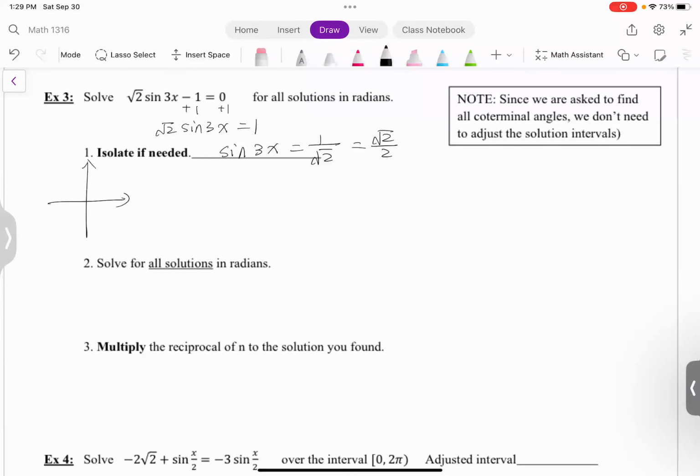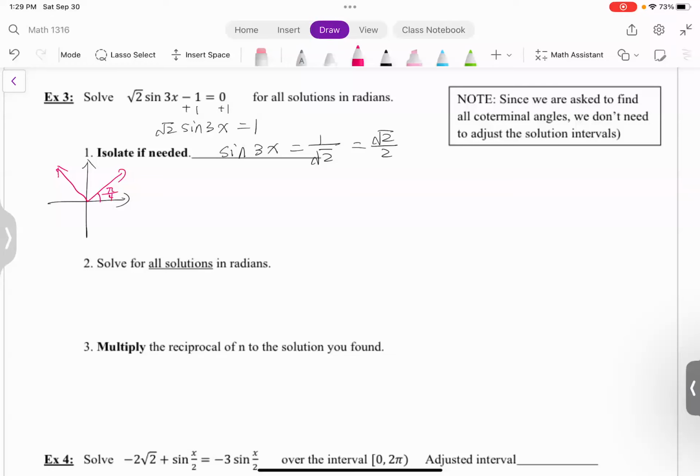Where is my angle? Which quadrant is my angle 3x in? So positive sine value, I must have the angle in the first and the second quadrant. And the reference angle is pi over 4. This one didn't ask you for radian mode or degree mode, so let's say radian mode.